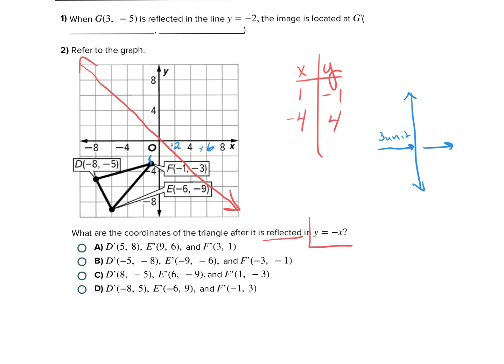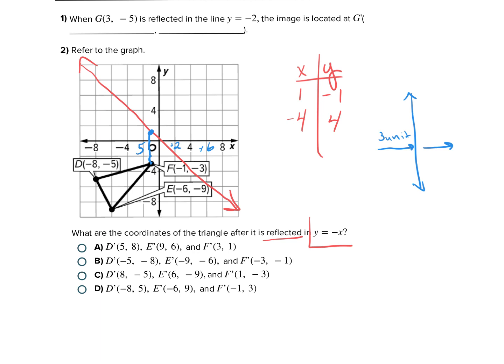So this is going to be 2, 4, and we can assume this is 1 because I'm in between 0 and 2. So this is actually 5 units. And then I'm going to count 5 units over the line. In this case, it means I'm going to go to the right 5.